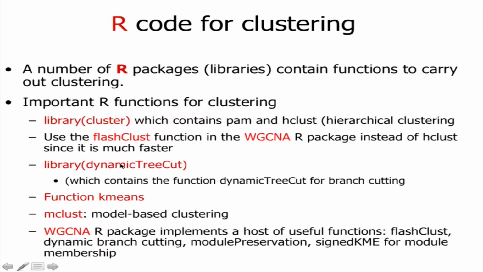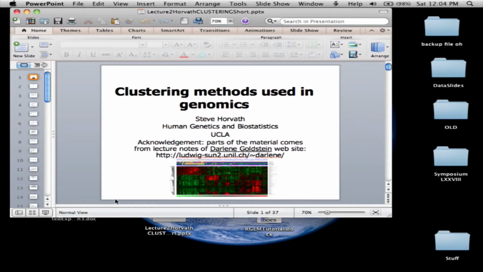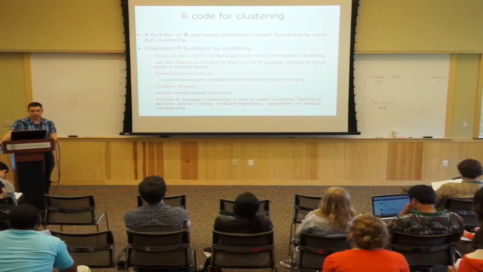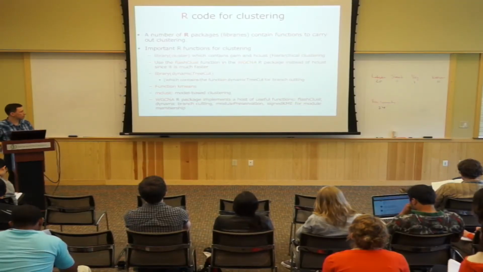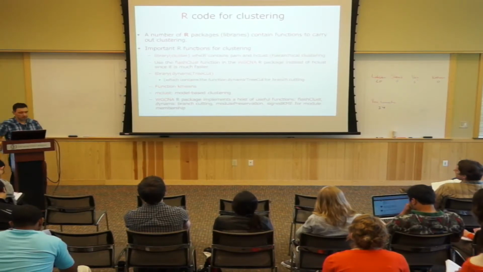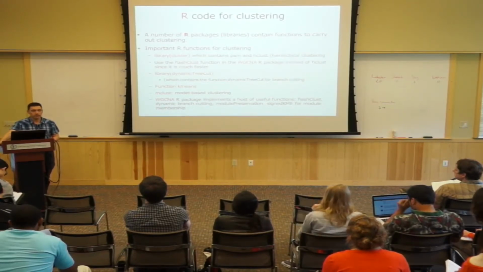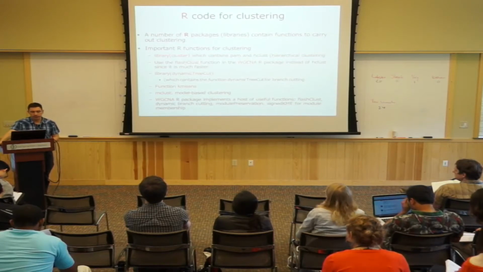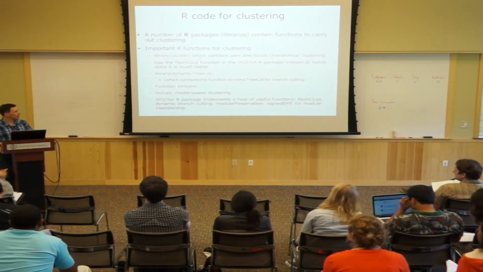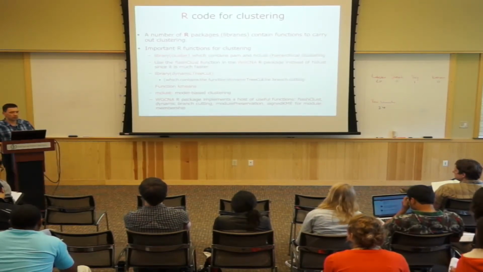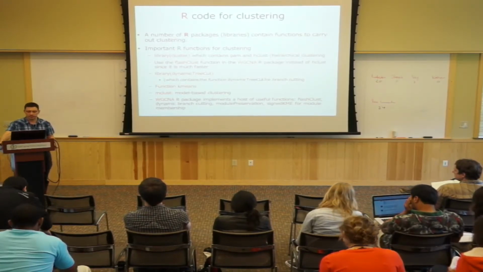K-means clustering is implemented in the R function kmeans. And also this dynamic approach, which I mentioned earlier today, is implemented in the dynamicTreeCut function. And finally, as you know, I will present a set of lectures on weighted correlation network analysis, which is really a very good package for addressing a lot of analysis tasks in clustering.